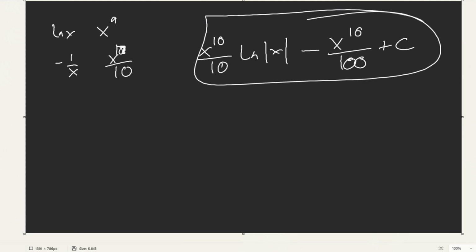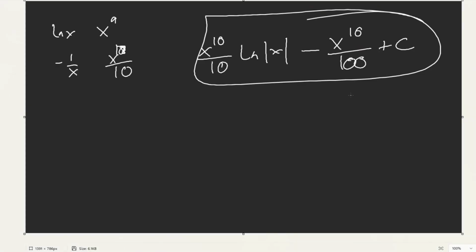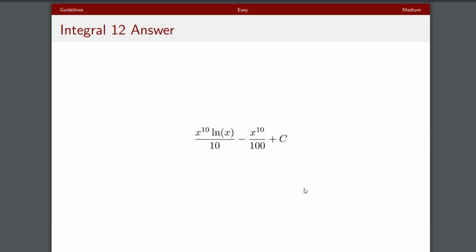So I think this is my answer. I conclude this is my answer. That's exactly what we got, and we got it right. Let's go. A lot of common integrals, once you do them so many times, you tend to get a sense or a feel of the answer. That will happen when you practice integration.